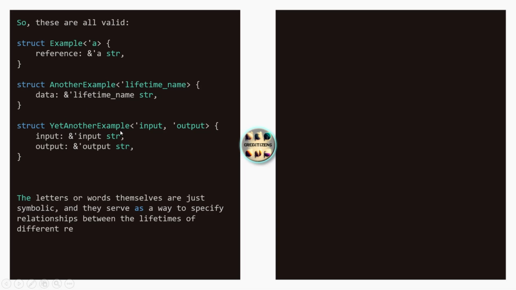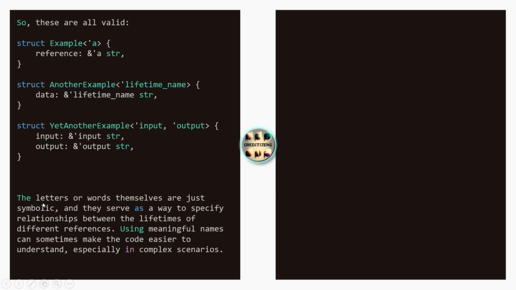Yet another example, input, output. For example, you can put it like that for the lifetimes. The letters or words themselves are just symbolic, so they're just placeholders, and Rust has a way to specify relationships between the lifetimes of different references.